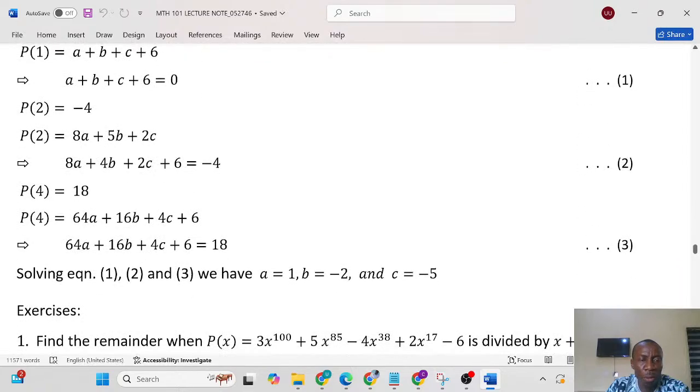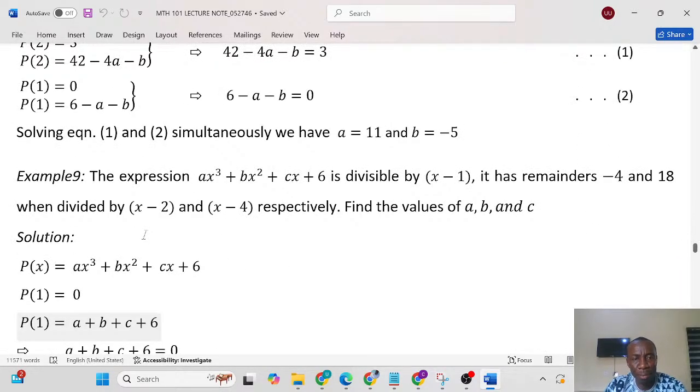Now we'll come to example 9. The expression ax cubed plus bx squared plus cx plus 6 is divisible by x minus 1. It has a remainder minus 4 and 18 when divided by x minus 2 and x minus 4 respectively.